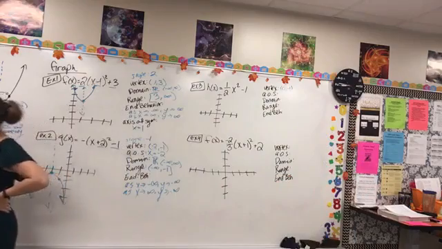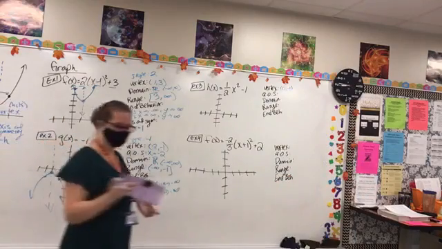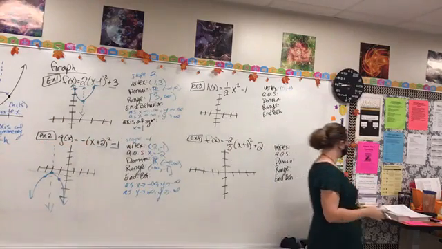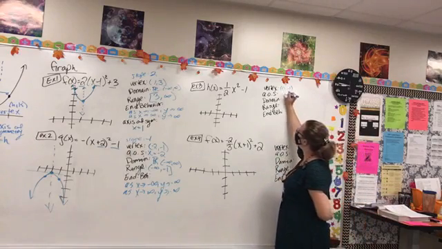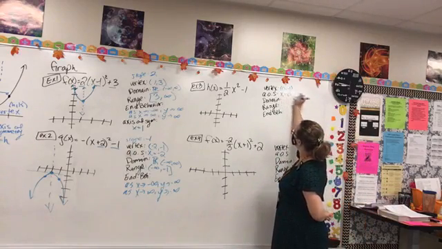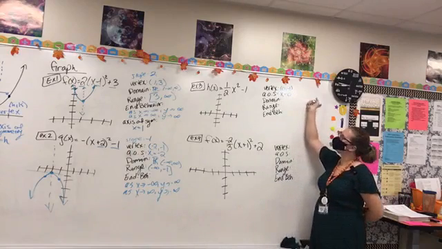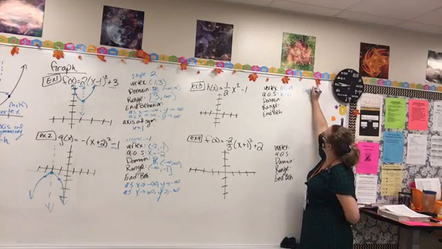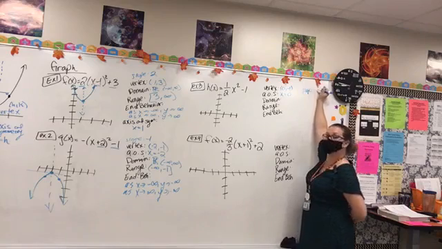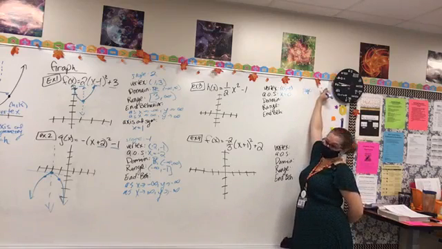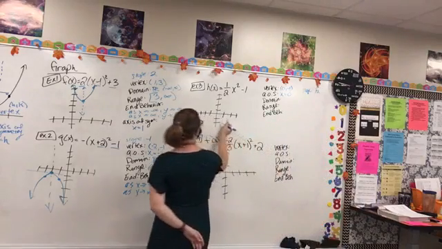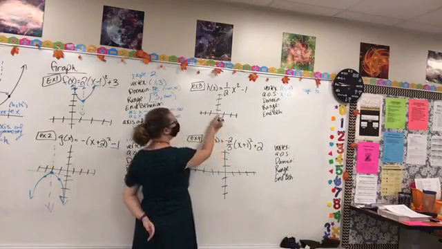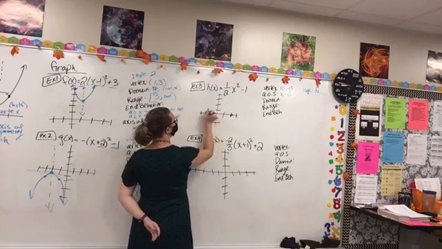All right, so my axis of symmetry is through 0. What's my slope? 1/2. All right, so 0, negative 1 puts me here, with 1/2 being up 1 over 2.